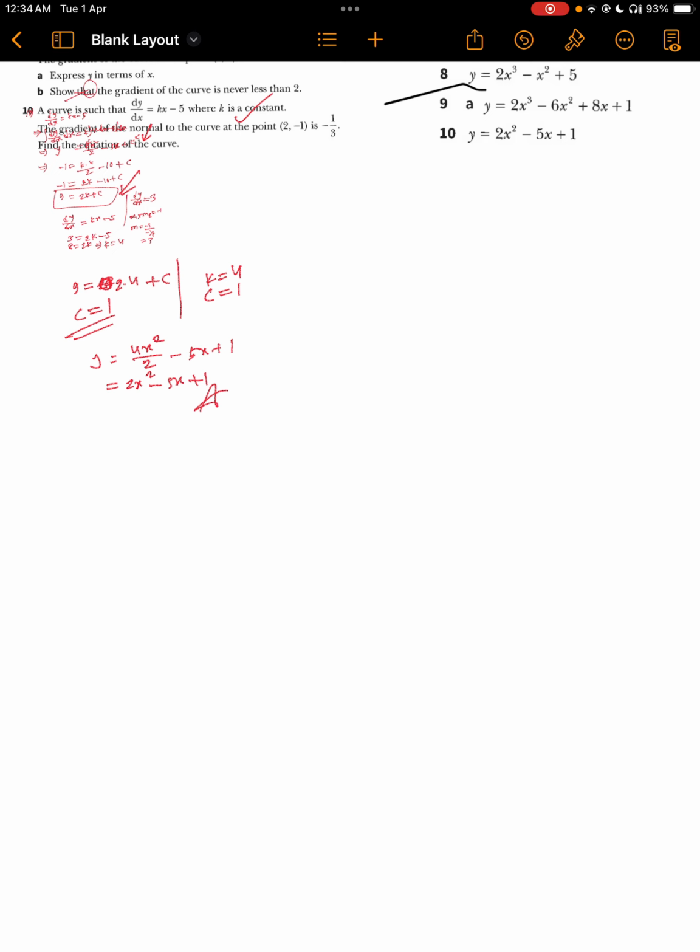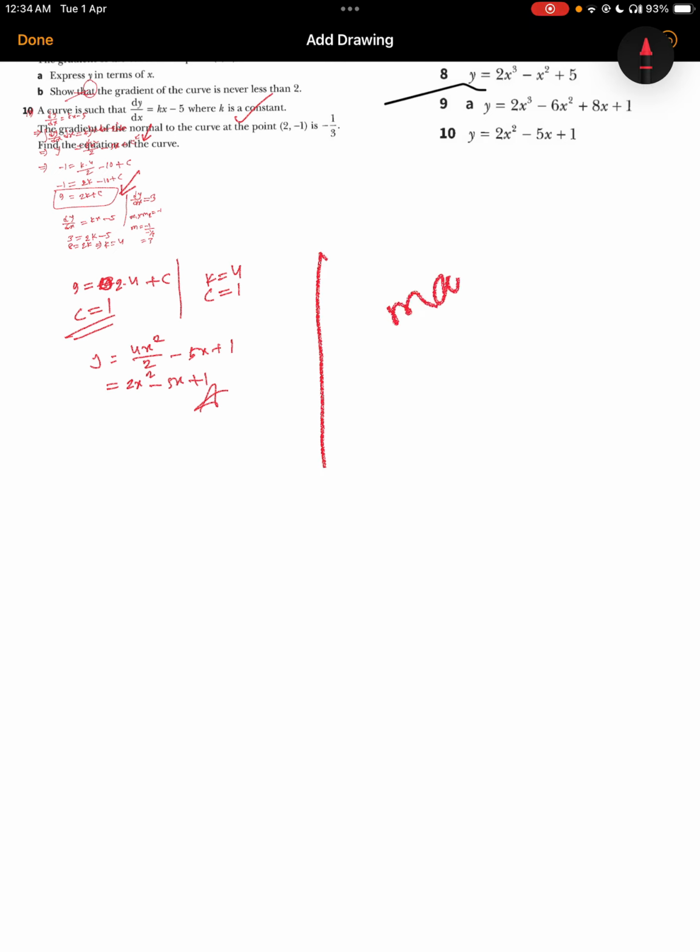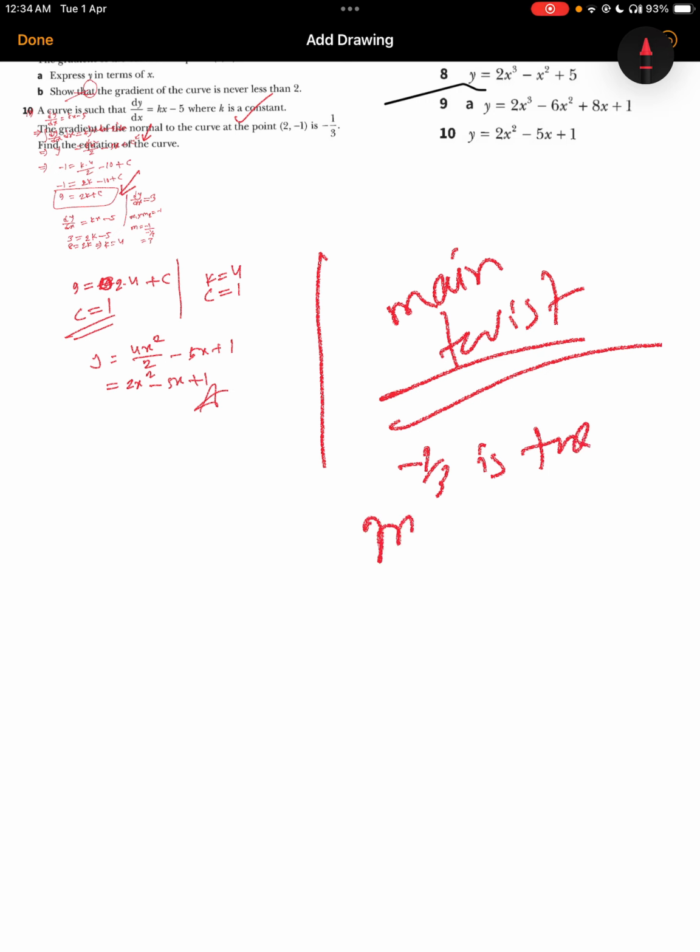Here the main twist or the main culprit is that -1/3 is the gradient of the normal.